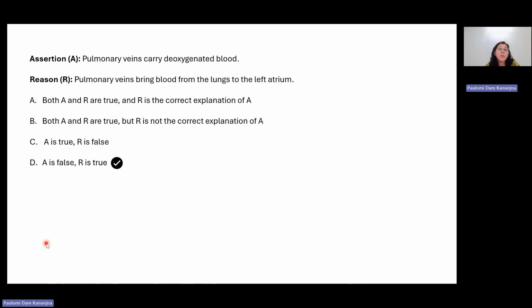So the pulmonary veins carry deoxygenated blood. Is it correct? A is false because pulmonary veins carry oxygenated blood, not deoxygenated blood. And the second statement, however, is true, that pulmonary veins carry blood from the lungs to the left atrium, right? So they carry this oxygen-rich, oxygenated blood from the lungs into the left atrium.